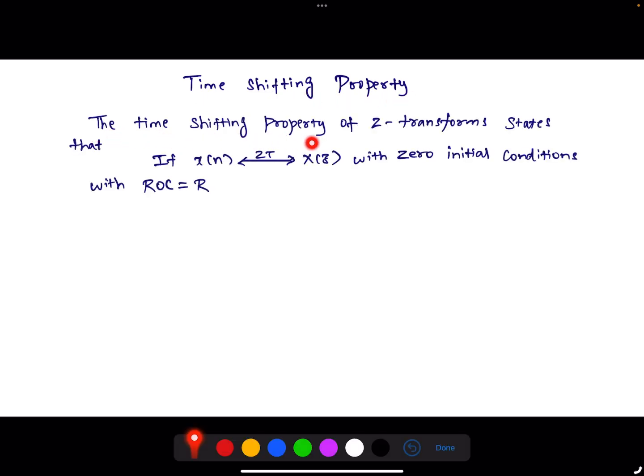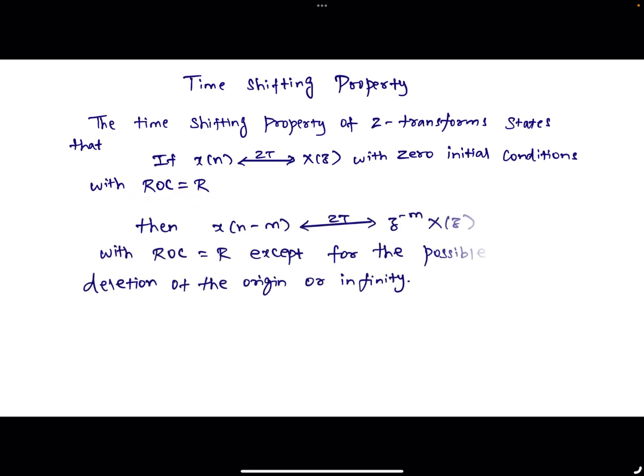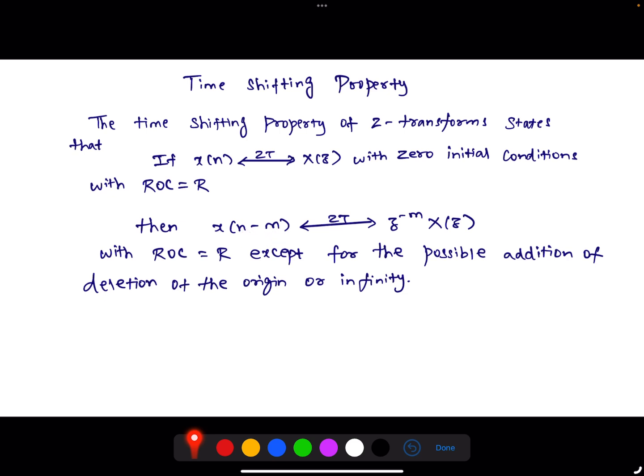The time shifting property of Z transforms states that if you have x of n and you take the Z transform of x of n, that will give you X of z with zero initial conditions and ROC R, then if you take the Z transform of x of n minus m, that will give you z to the power minus m into capital X of z with the region of convergence R, except for the possible addition or deletion of the origin or infinity. So we are going to prove this result.